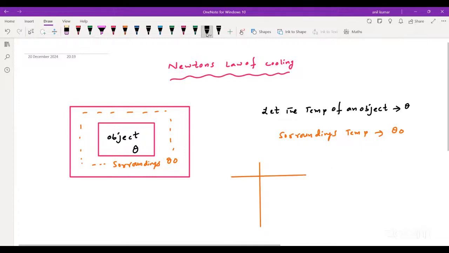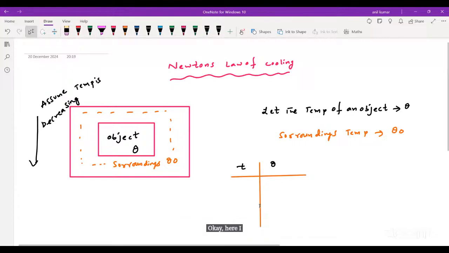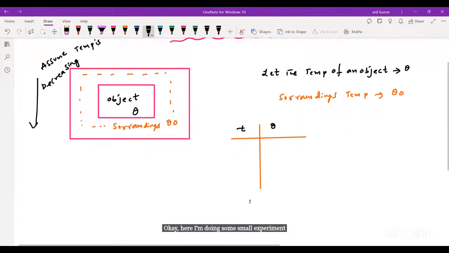And the most important thing is, let us assume the temperature of the object is decreasing. Here I am doing a small experiment, collecting some samples from this object.